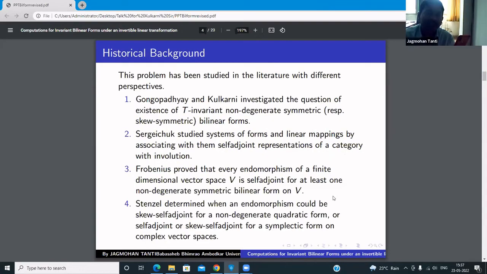So there are certain historical backgrounds. This problem was previously considered by Professor Krishnandu and Kulkarni sir.